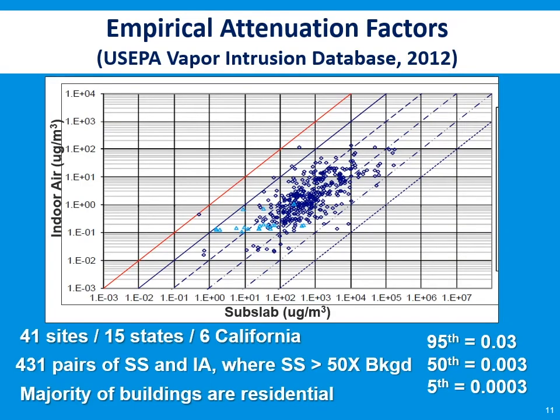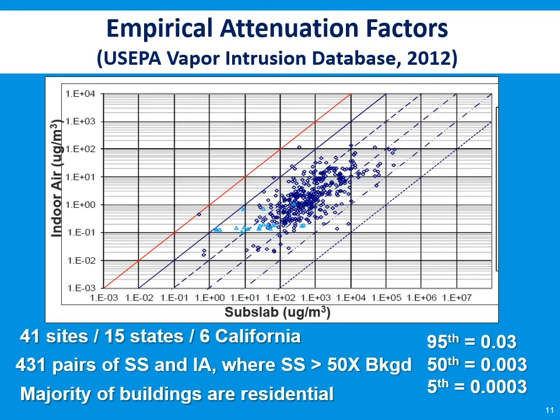This slide depicts the empirical database published by US EPA in 2012 that is the basis for the recommended attenuation factors. Indoor air concentrations are shown on the x-axis, and subslab concentrations on the y-axis. The diagonal lines across the plot depict various attenuation factors, with a 1-to-1 ratio shown by the red line, a 1/10 attenuation factor shown by the solid blue line to the right, and an additional order of magnitude reduction for each blue line.